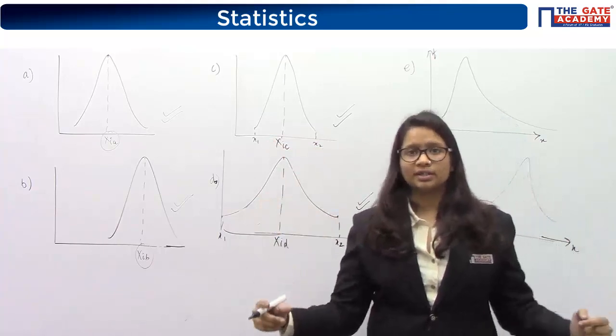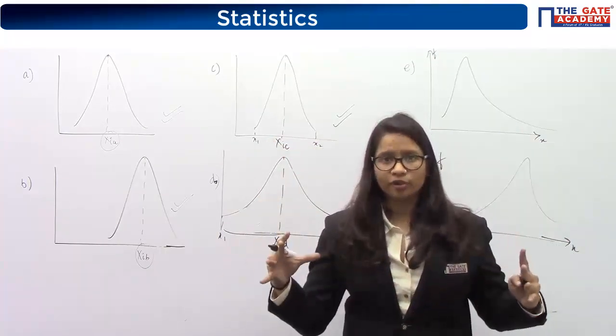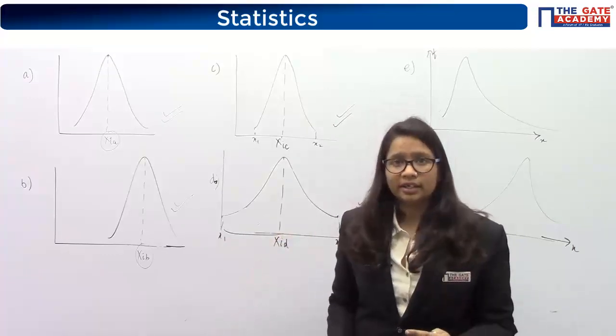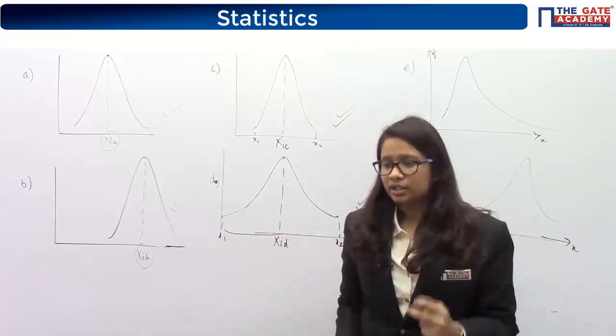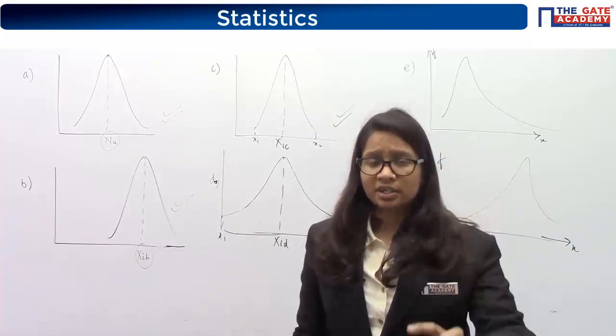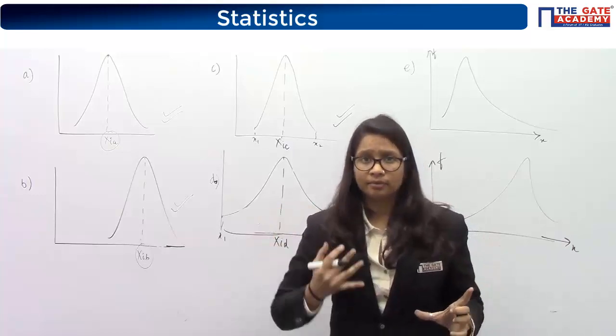So this difference, the spread in your data, is denoted by your second characteristic, which is your measure of dispersion. What is measure of dispersion? Measure of dispersion is some quantity which denotes the spread in your data.